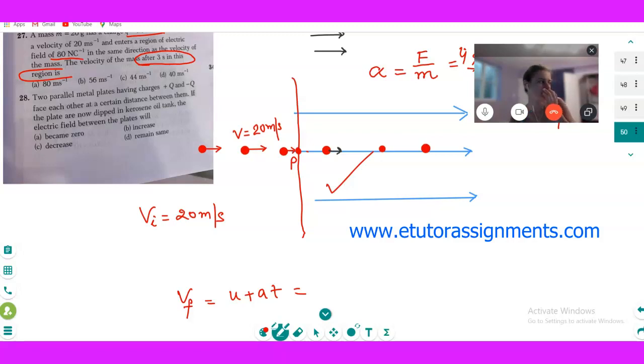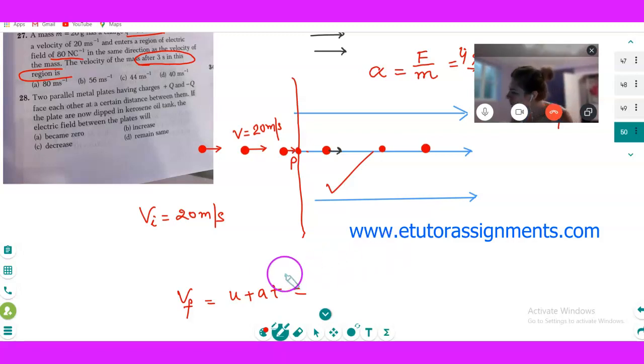Two parallel metal plates having this one. Just see the answer here. The answer is C, decrease.